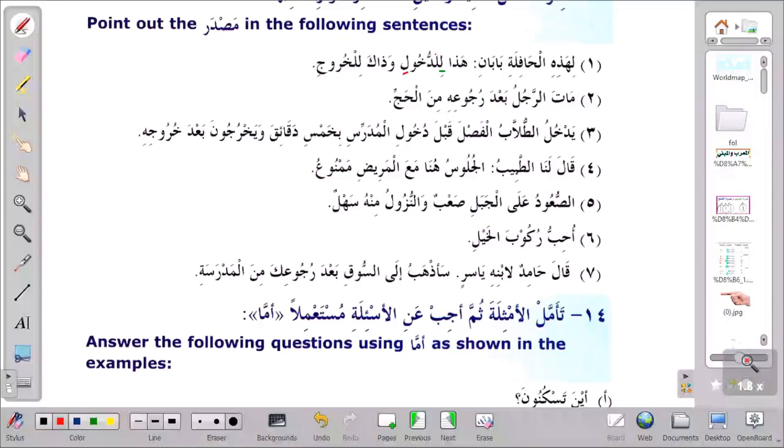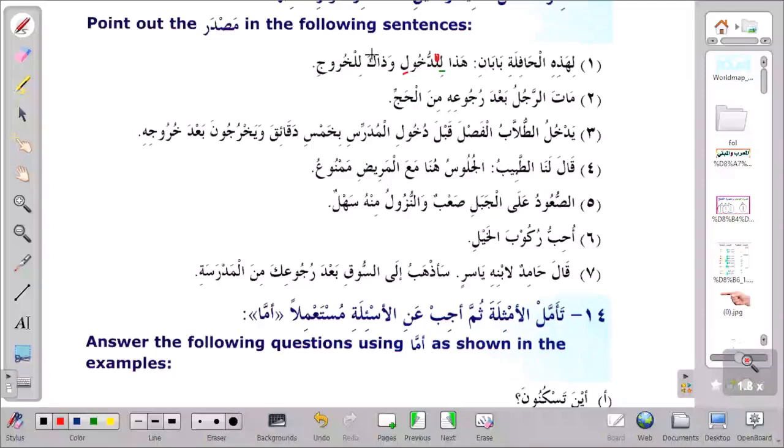You can see the lam at the beginning here, so it's definite. So li dukhuli, because it's a noun, it can be majrur, so it can take fatha, kasra, dhamma. I hope that is clear.